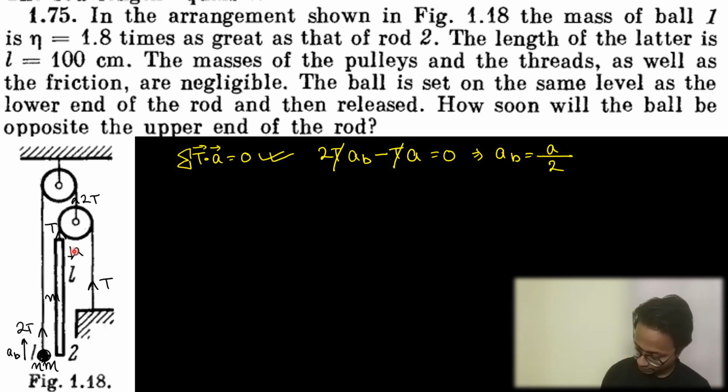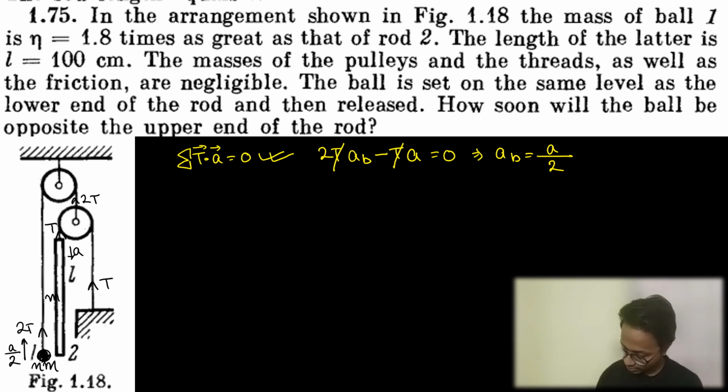So out here, if this is moving down with acceleration A, this will move up with acceleration A by 2. So out here AB is equals to A by 2. Let me just erase this AB and make it A by 2. Okay. Now let's draw the free body diagram.